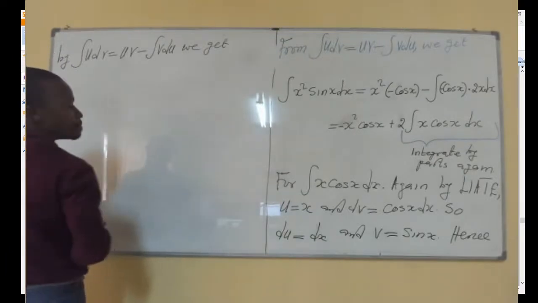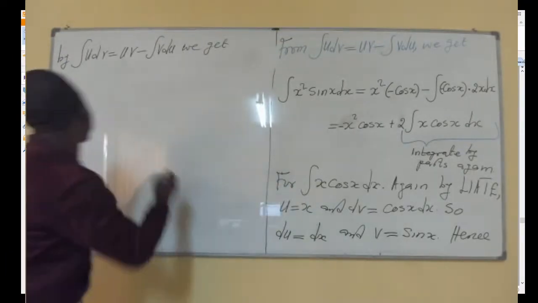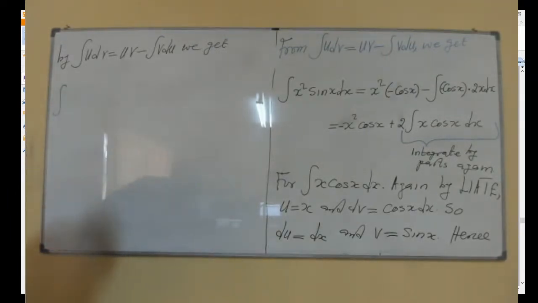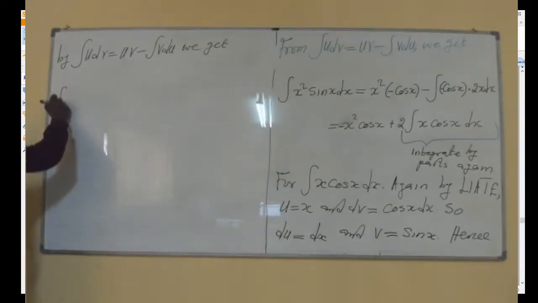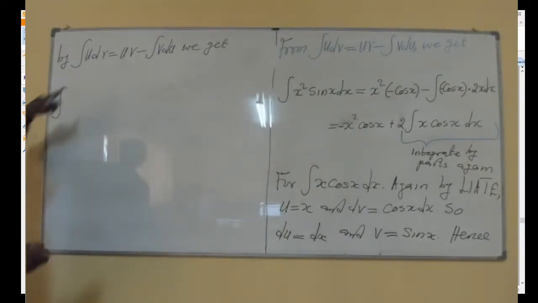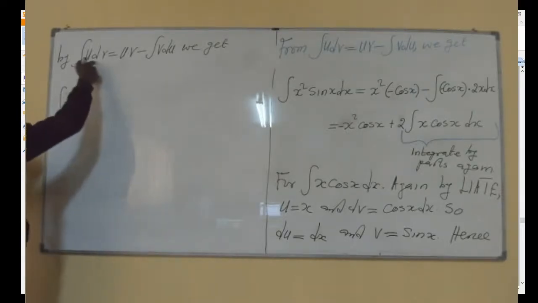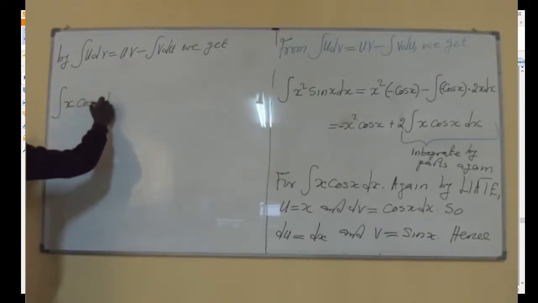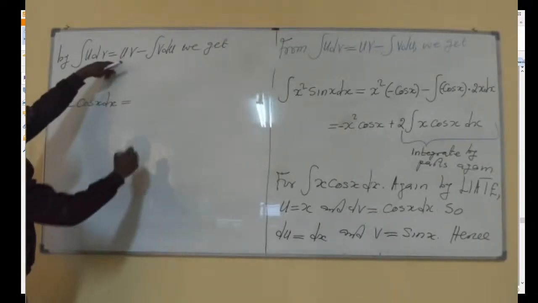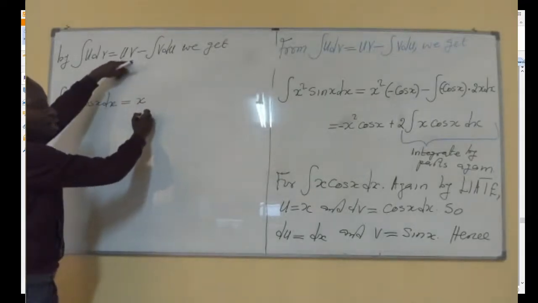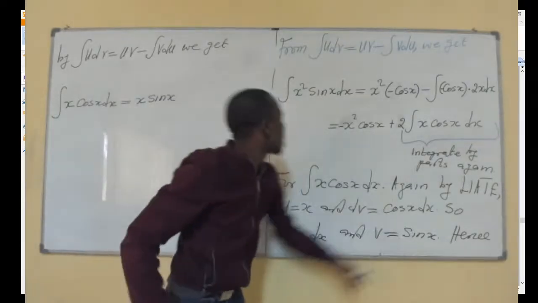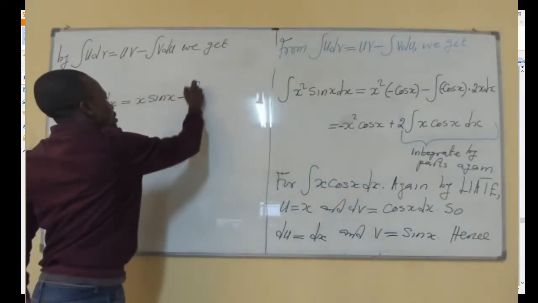Okay, so in this new integral, our new u is equal to x. Our dv is equal to the cosine of x dx. Our v is sine x, minus the integral.